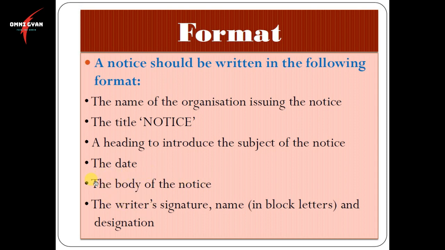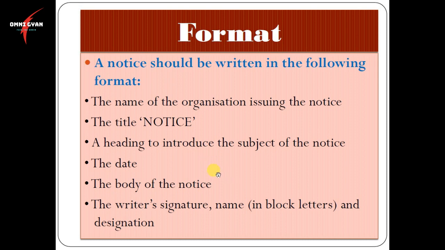Finally, when you have finished everything, what will come is the writer's signature, and then the writer's name in block letters. It can be in small letters also, that does not matter actually. And then the designation. For example, students are submitting their names to the class captain, and the class captain has given the notice.